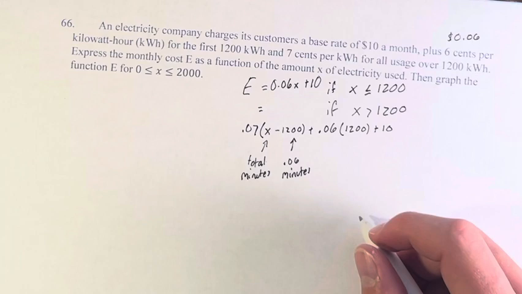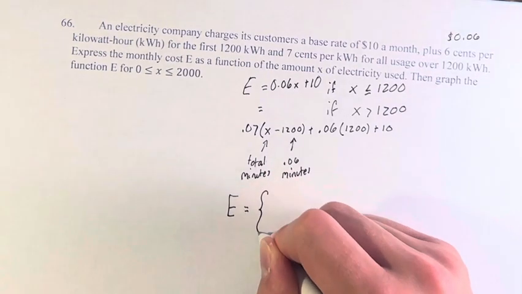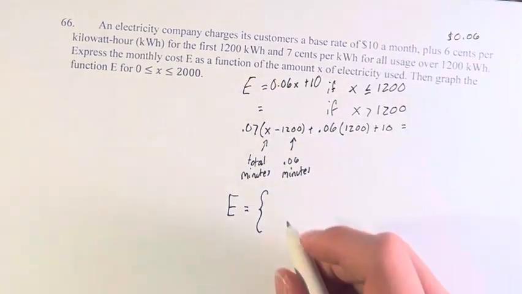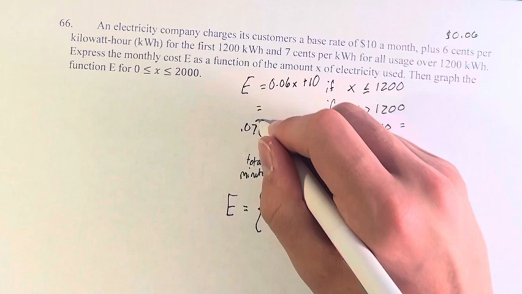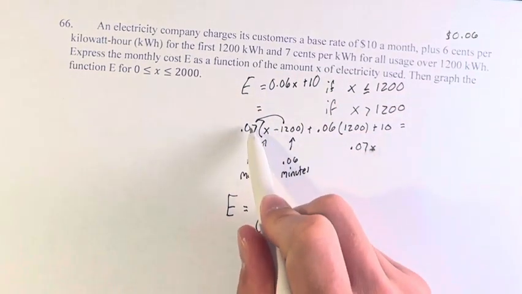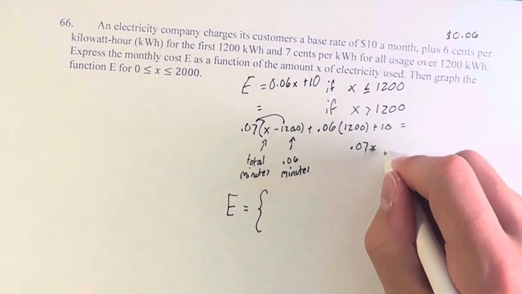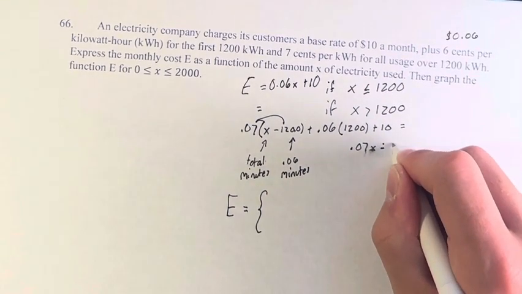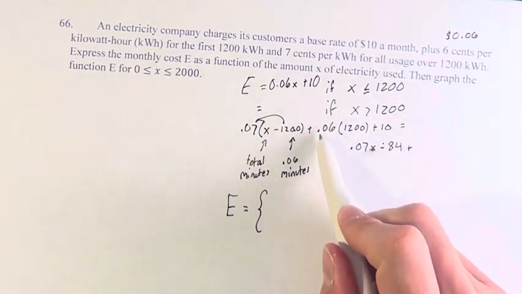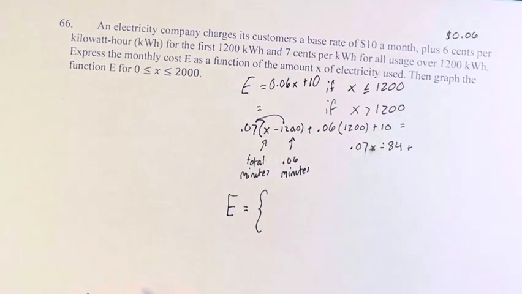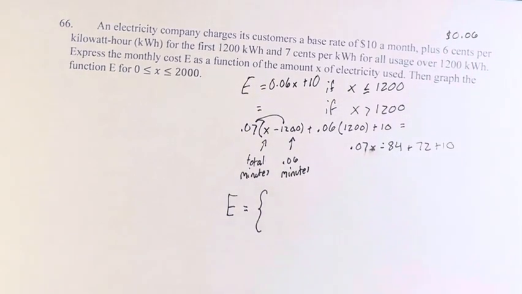We can write this a little bit clearer. Let's just simplify this first. We have 0.07x minus 0.07 times 1,200, which is 84. So minus 84, plus 0.06 times 1,200, that is 72, plus 10.